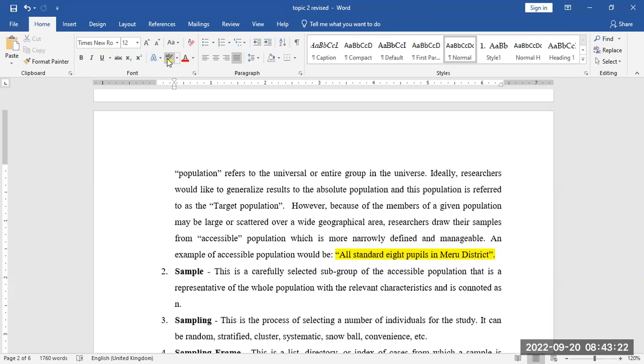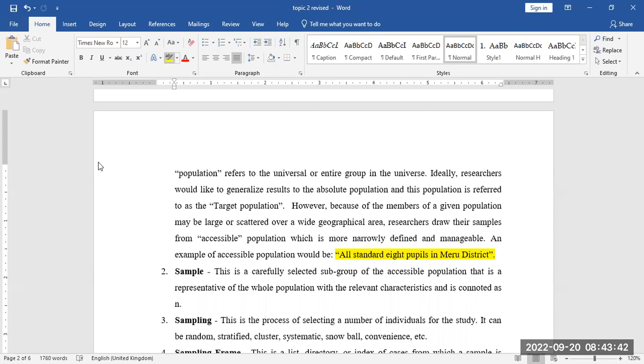The entire standard 8 pupils in Meru district become your population because they have the same observable characteristics. All of them are in standard 8, and all the problems that they are going through in terms of reading and payment of school fees, they are going through all of them.